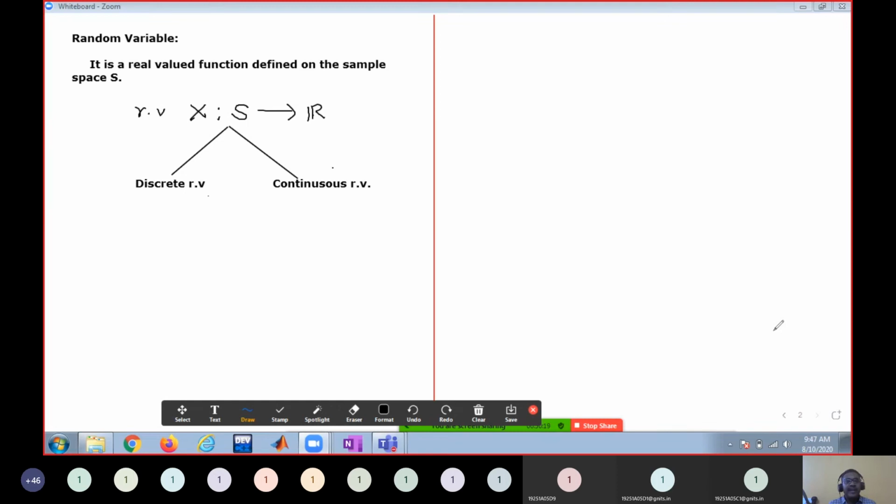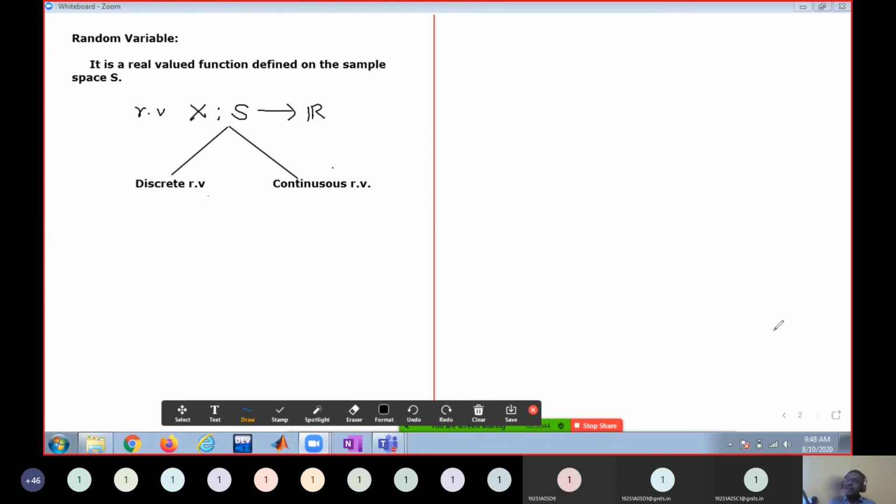What is an example of a continuous random variable? Let us say the temperature of a room. It can be 23 degrees or 23.1 or 23.123 or 26.4567. It can be any value, right? It's not necessarily an integer. It can be any value from minus 300 degrees to 300 degrees.